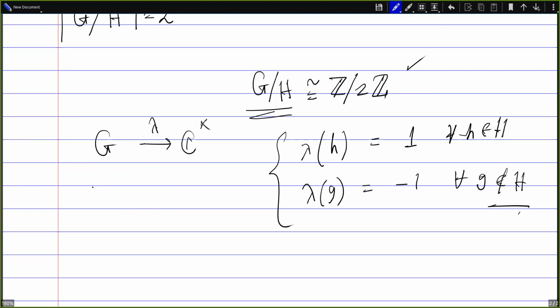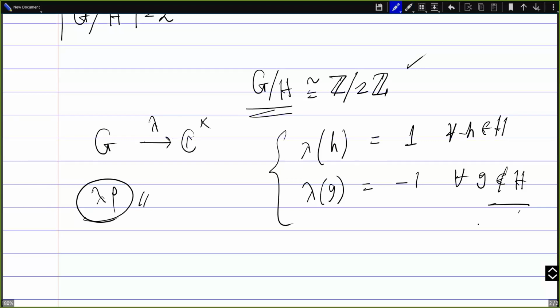So now for this lambda, and then for any representation rho, we will consider this lambda rho. Now the question is, what has this to do with the restriction of rho to H? So with that we will finish.